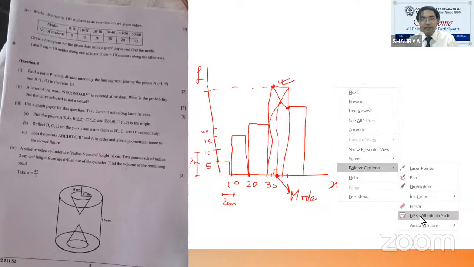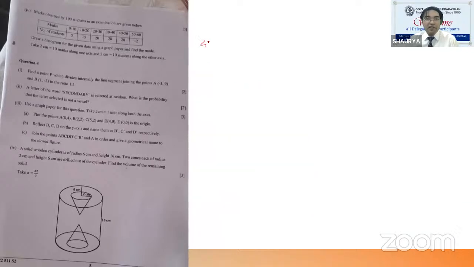Just clear up this slide. Yeah, so here we are. The next subjective question, that is question 4. Find the coordinates of point P, which divides internally a line segment with the endpoints A, B with the respective coordinates as -3, 9 and 1, -3 in the ratio 1:3.